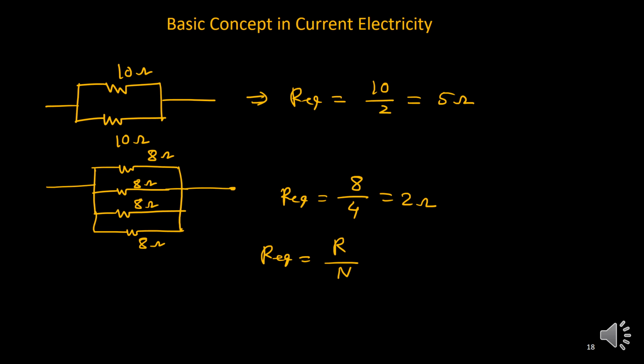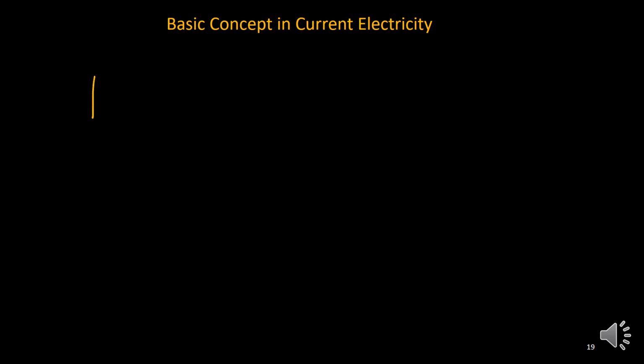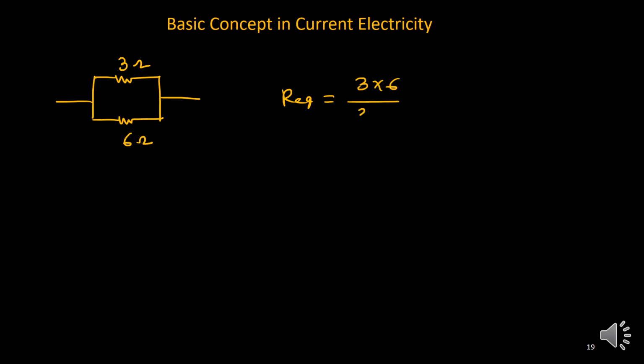And a few important parallel combinations that we get frequently. One is, suppose, 3 ohm and 6 ohm. What is this equivalent resistance? It is 3 into 6, multiplication of these two by addition of these two. So 3 into 6 by 9. So 3 threes are 9 and 3 twos are 6, so it is 2 ohm.